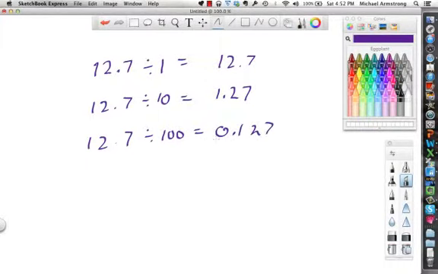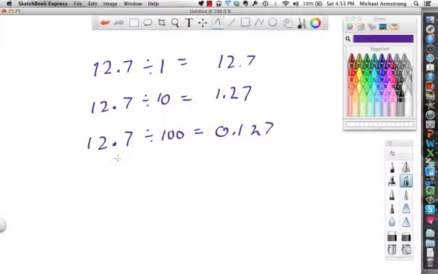So the decimal keeps moving, and you just have to remember that when you divide by a number bigger than 1, your quotient gets smaller. It started at 12.7, make sure I can see that decimal, and it moved 2 places over when you divide by 100, because 100 is a power of 10, twice, 2 powers of 10.